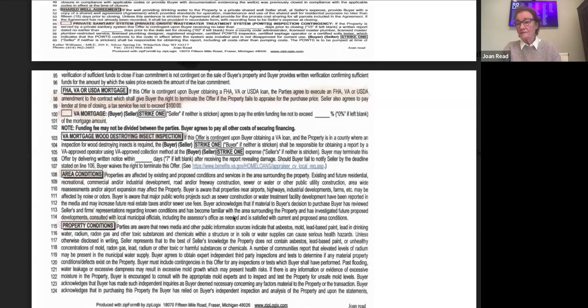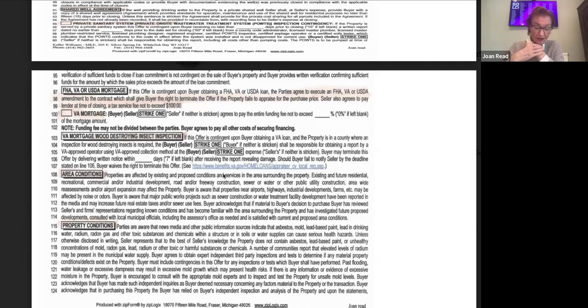Because of the uncertainty of what these tests might result in, it's probably good to give the seller the right to cure on them. If the seller signs, he understands he has the right to cure, and he has a choice of not curing or curing it, or you can negotiate the differences. But that's an important thing to read on lines 65 through 75 about the right to cure.